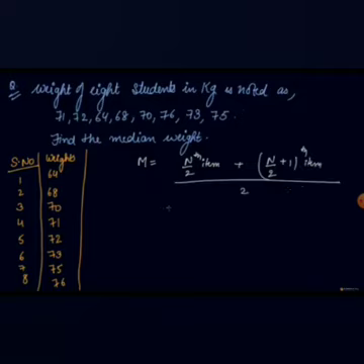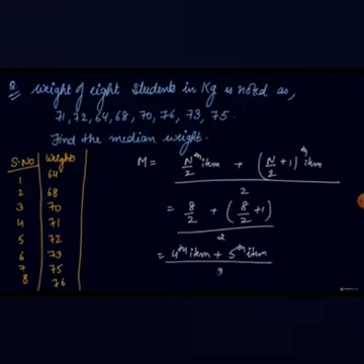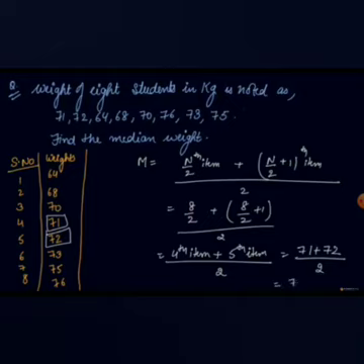So your n is 8, 8 divided by 2 is the 4th item, plus the 5th item, divided by 2. Your 4th item is 71, your 5th item is 72. So 71 plus 72 divided by 2 is 71.5 kg, which is your median.